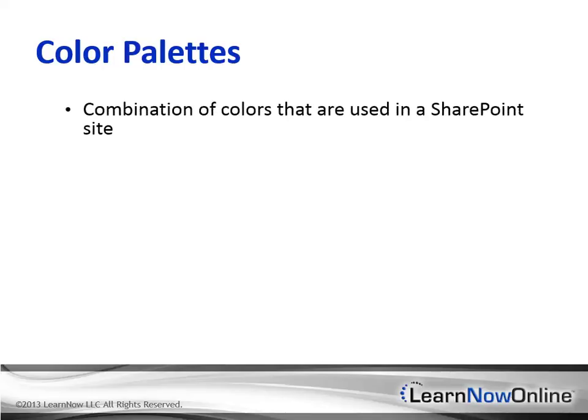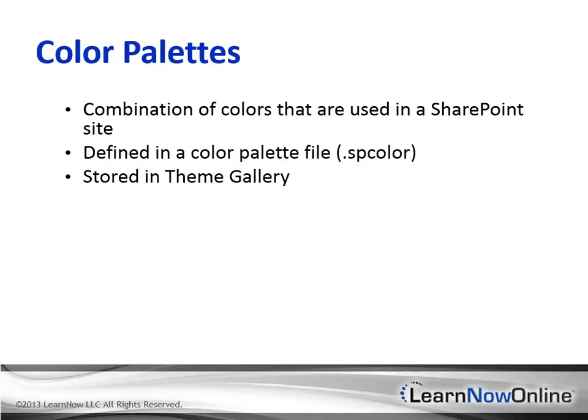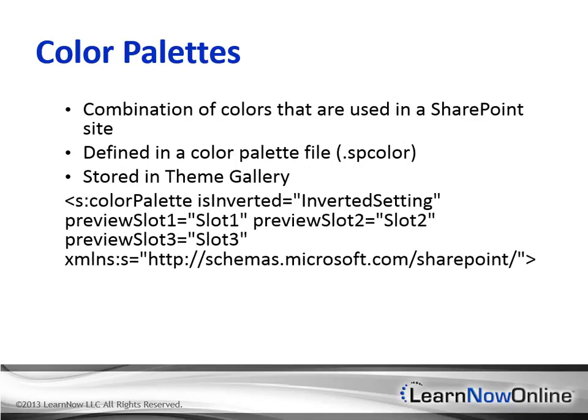So we just finished talking about color palettes, and just to reiterate, they're a combination of colors that are used in a SharePoint site, and they're defined in a color palette file, the SP color file that we just looked at, and again they're stored in the theme gallery along with the font palettes.